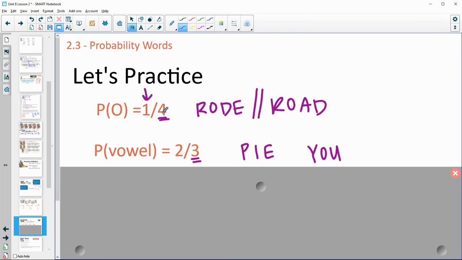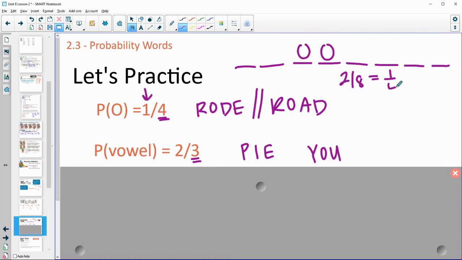You could also, for these, if you could get an 8-letter word with 2 O's in it, that would work as well. Because if you had 8 letters and 2 of them were O's, that would be 2 out of 8. So if you knew a word like that, 2 out of 8 would simplify to 1 out of 4. So that would be fine as well.